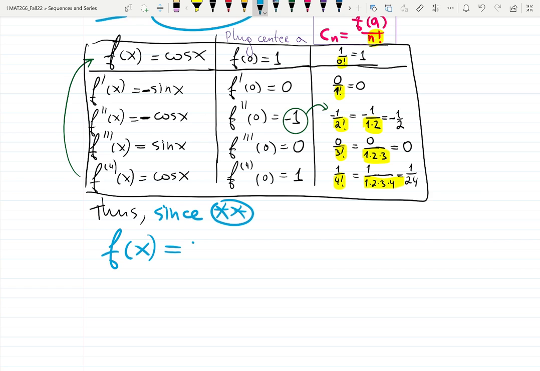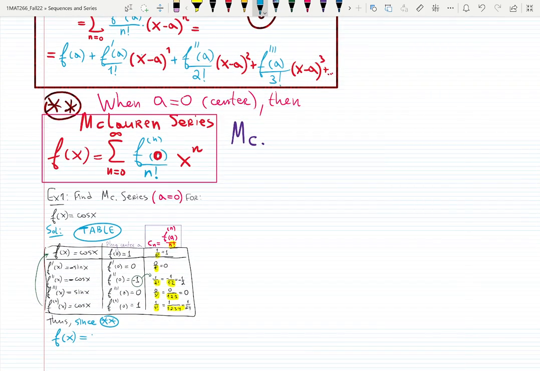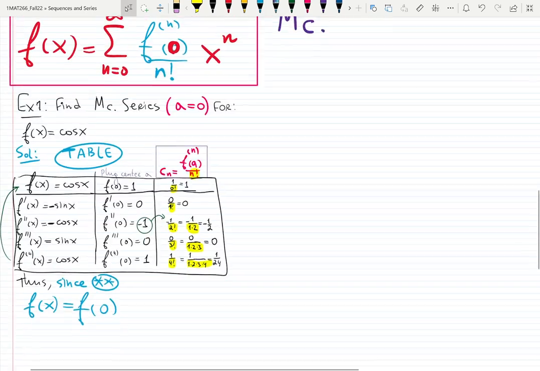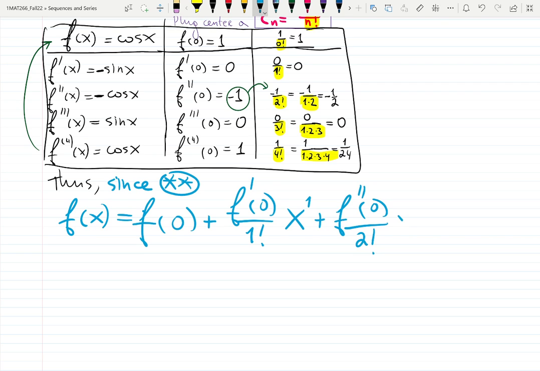The original at 0, plus the first derivative at 0 divided by 1 factorial times x to the 1, plus the second derivative at 0 divided by 2 factorial times x minus 0 squared, so that's why it's x squared, plus f triple prime at 0 divided by 3 factorial, 3 factorial is 6, times x minus 0 cubed, so it's just cube, and so on.